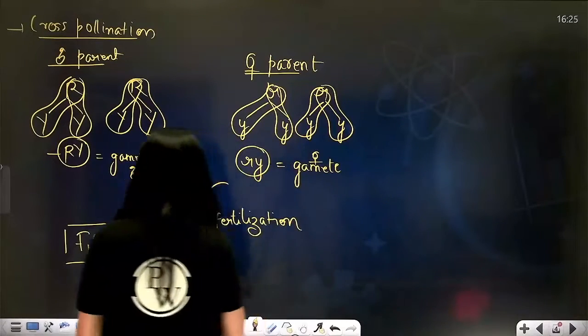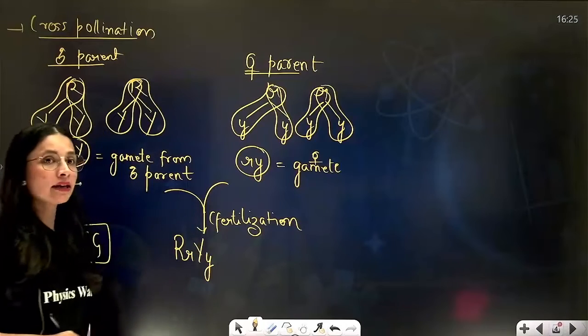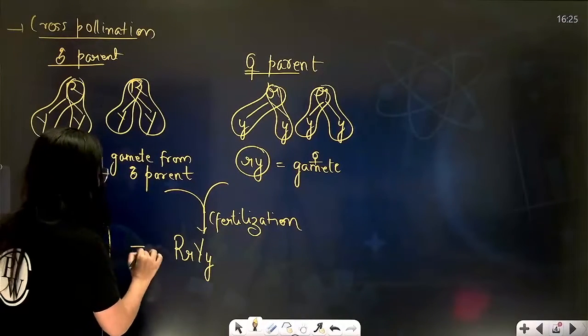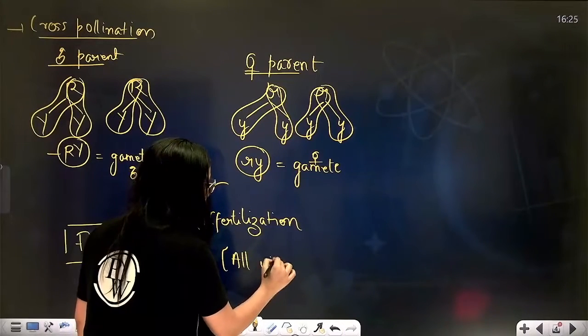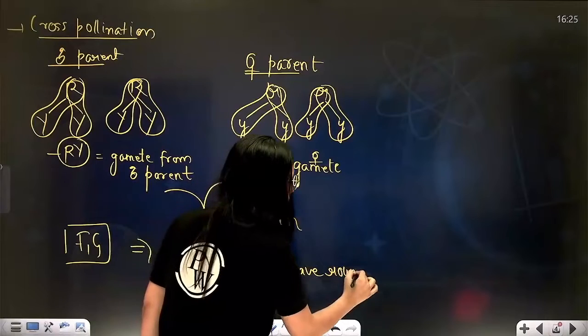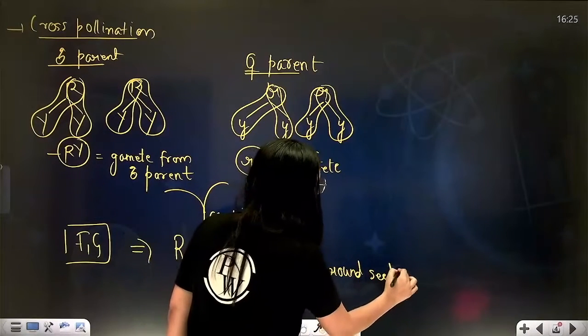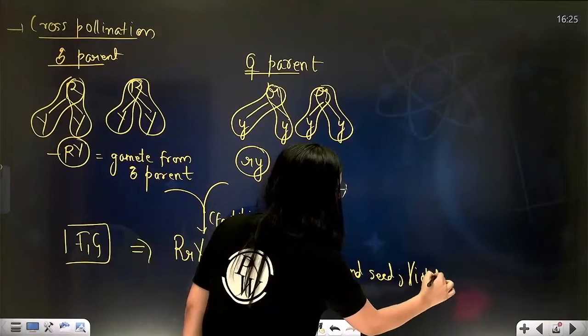Just make the cross. All offspring will have round seeds and purple or violet color flowers.